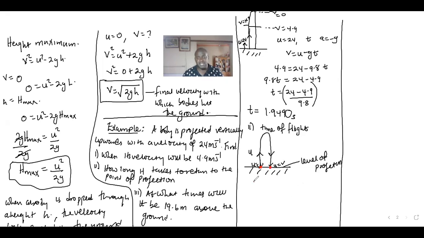It means the initial velocity u and the final velocity v on return to the same level, that v and u are always the what? The same. So if you have seen that v and u are always the same, I can derive for you an expression which shows you how to get that time.